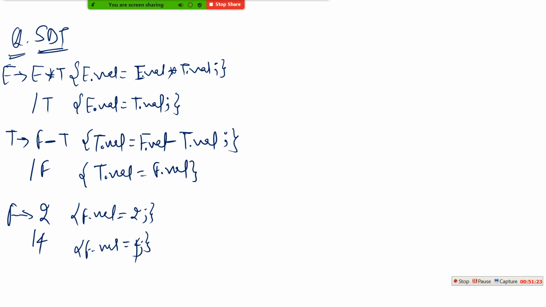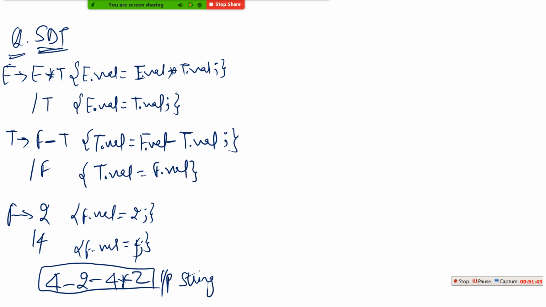Okay, guys. So it is an SDT, that is, syntax directed translation, I have given to you. Now the string is 4 minus 2 minus 4 multiply 2. It is the input string, guys. Now while traversing this input string using a top down parser, what would be the answer?